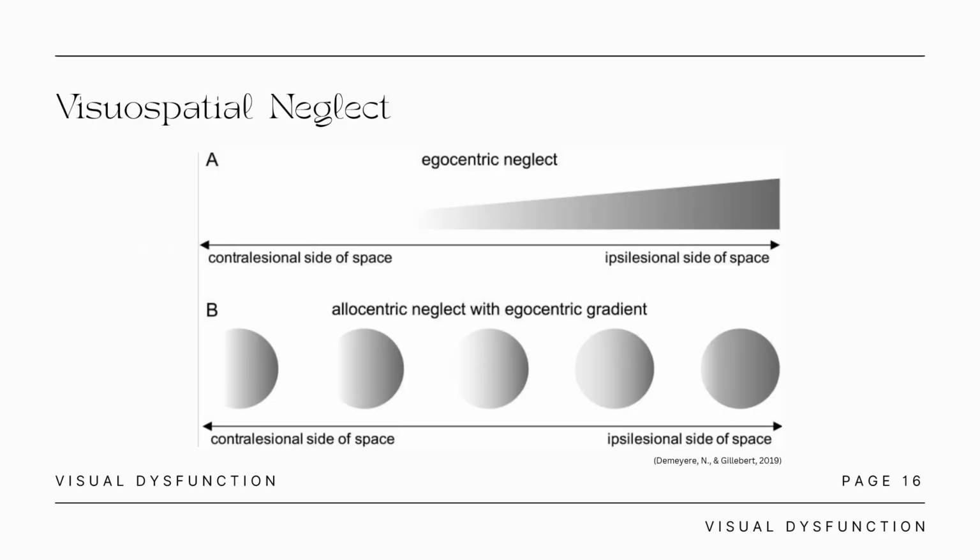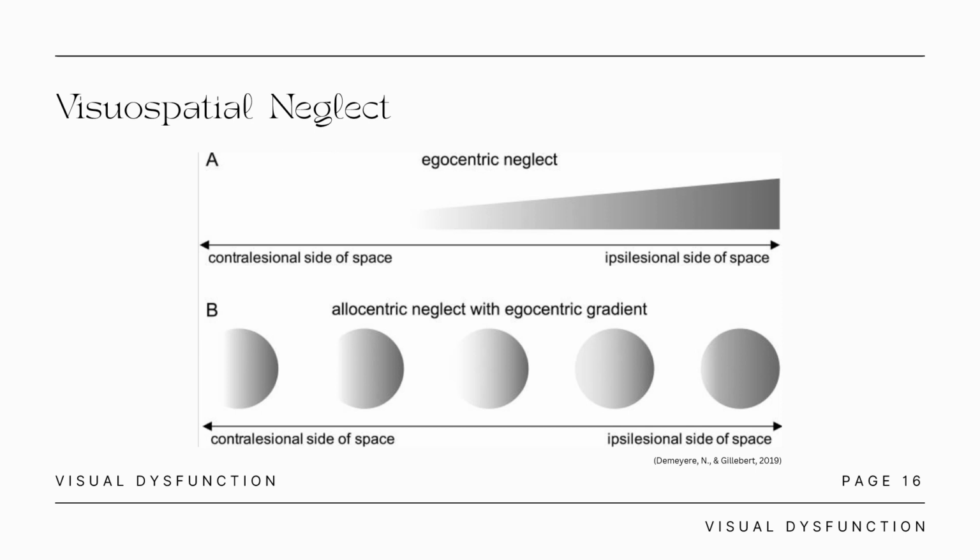Within the umbrella of visuospatial neglect, we have egocentric neglect and allocentric neglect. Egocentric neglect is where patients fail to attend to the contralesional side of space with reference to their own body midline. Allocentric neglect is where they fail to attend to a contralesional side of an object in focus.